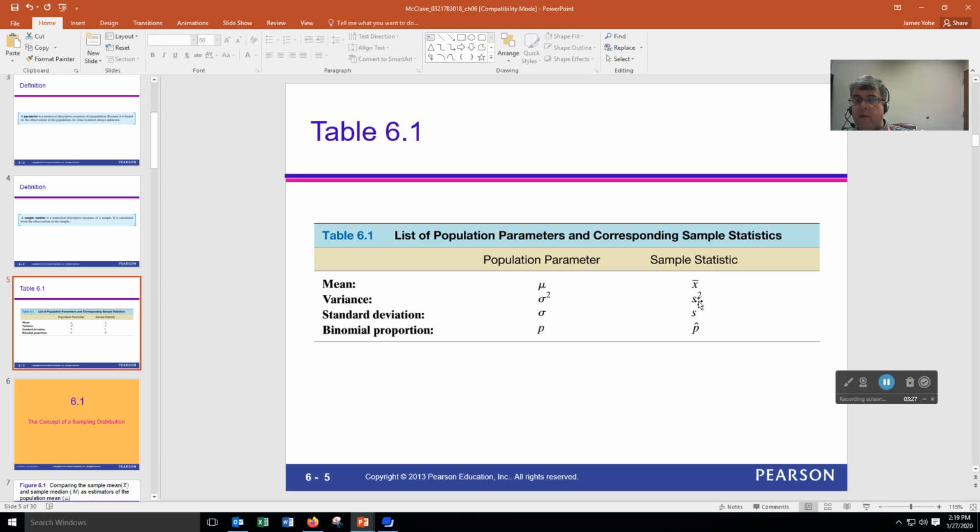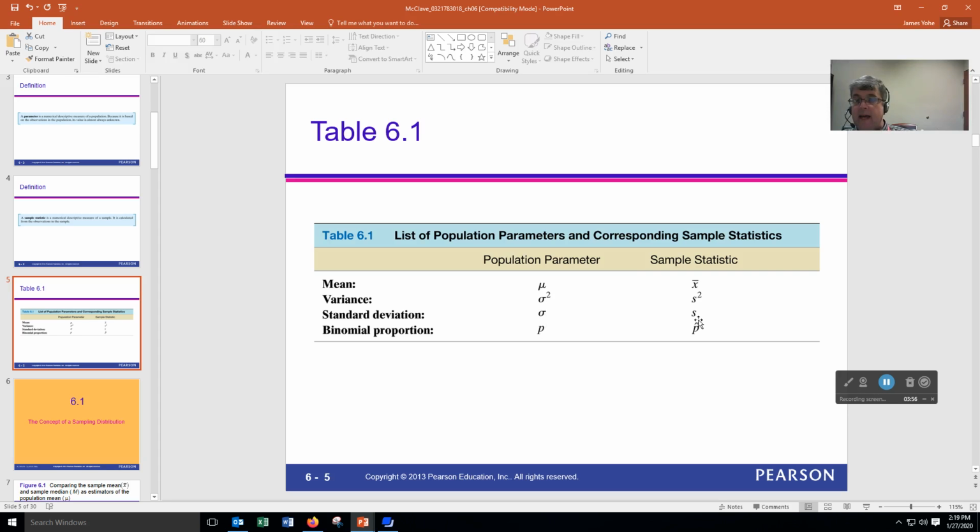The variance that we get from a sample is s squared. And we might use that to tell us something about the population parameter, sigma squared. That's a Greek sigma. The standard deviation, which we all know is the square root of the variance, for a sample statistic we abbreviate with an s. As a population parameter, it is sigma.